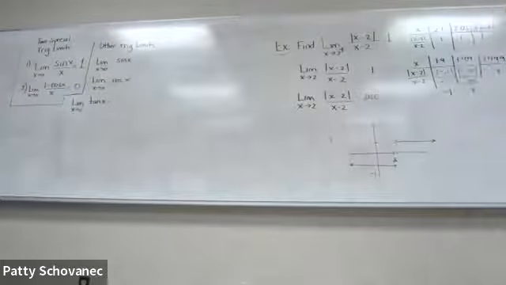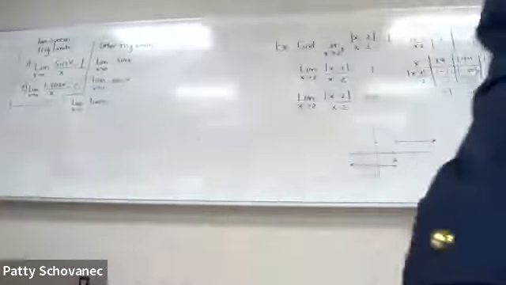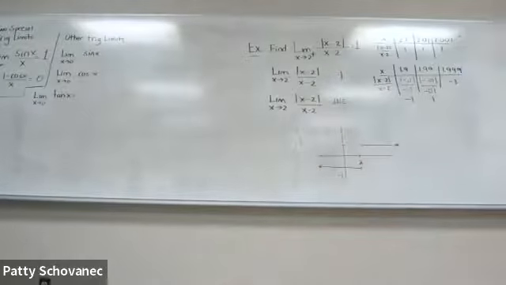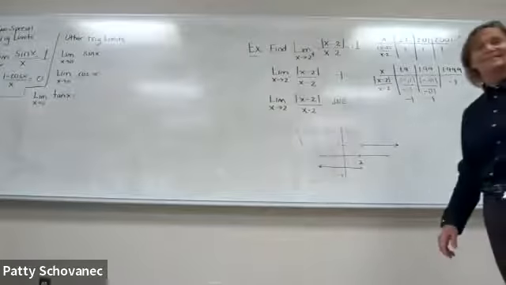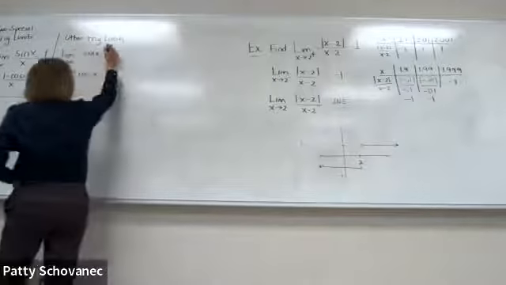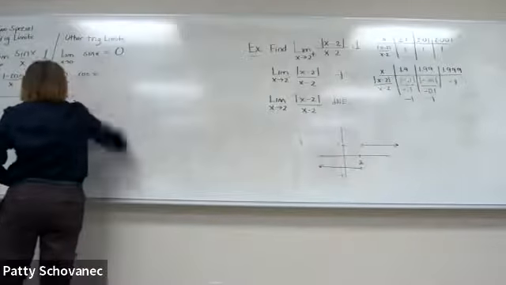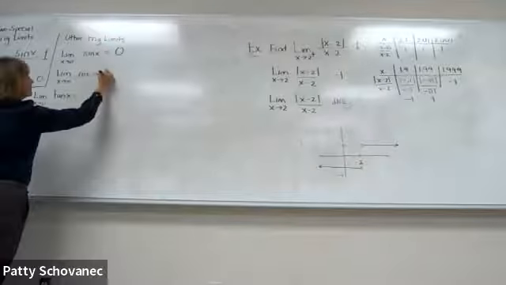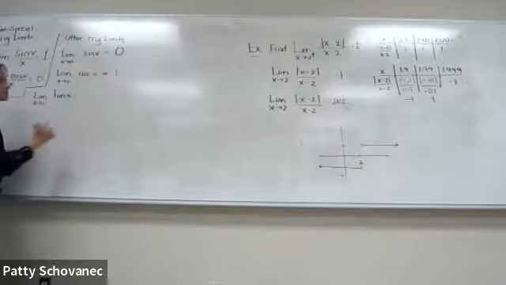What do you think the limit as x goes to 0 is? Sine of 0 is 0. And since this is a nice function at 0, we can plug the number in, get a number back out, and that's our limit. What about the cosine? As x goes to 0, what's the cosine of 0? That one's 1.